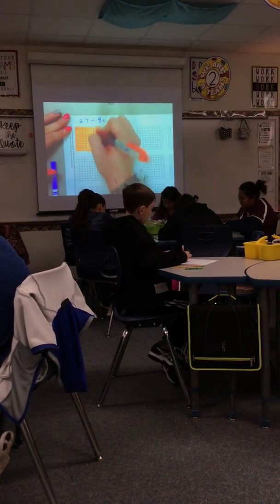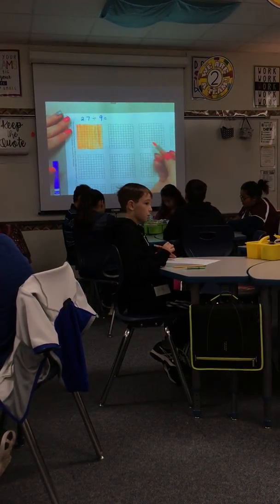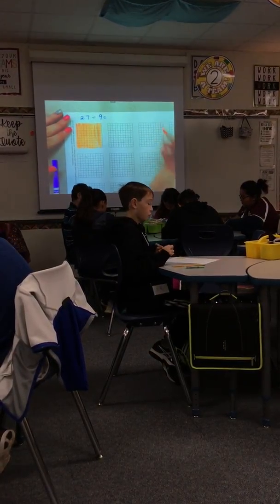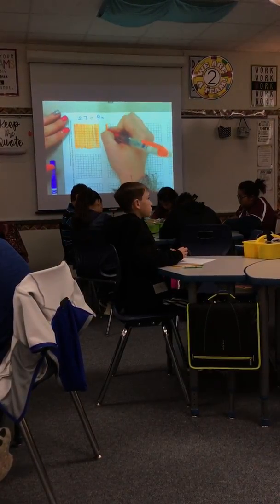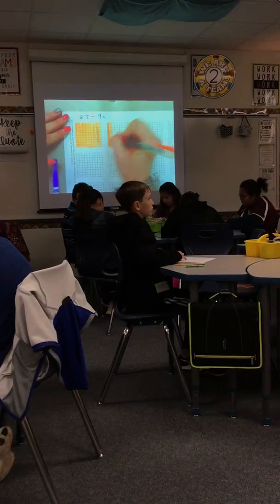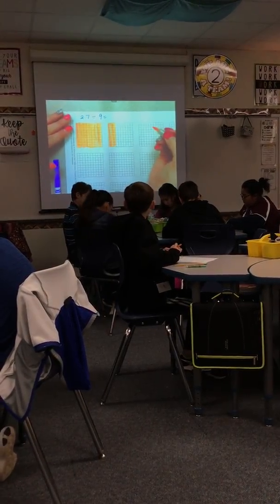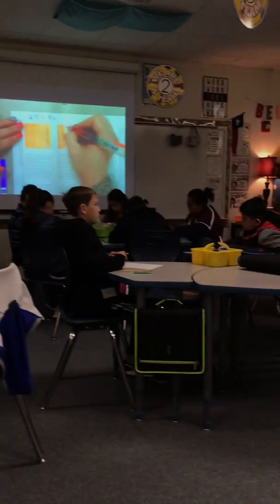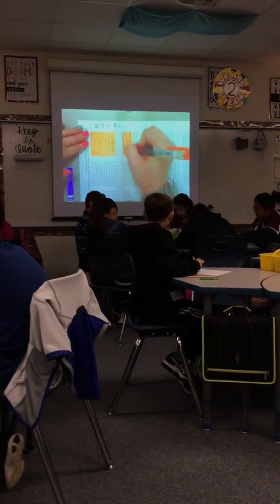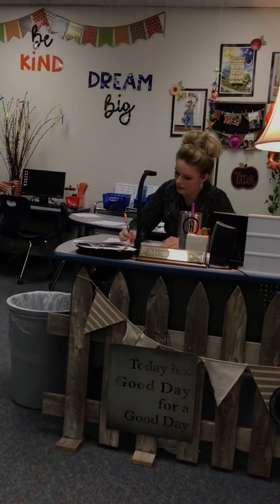We colored 1 whole in, and Peyton, you said to color 2 wholes, and then we make groups of 7. 7 groups of 10. There you go. Okay, so finish coloring in your 2 and 7/10.